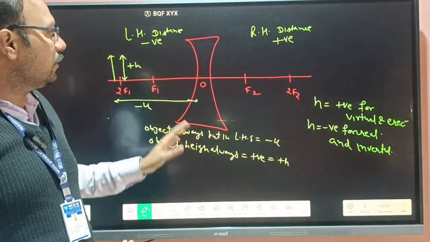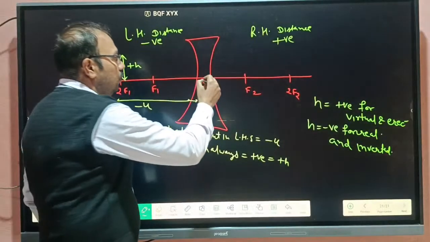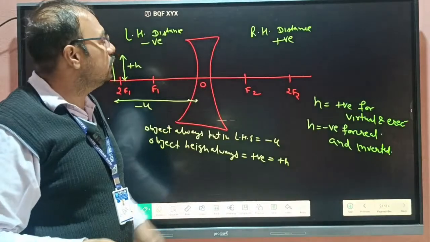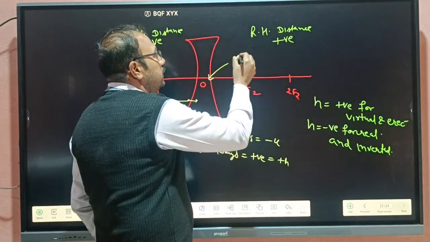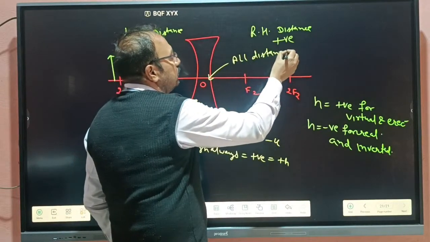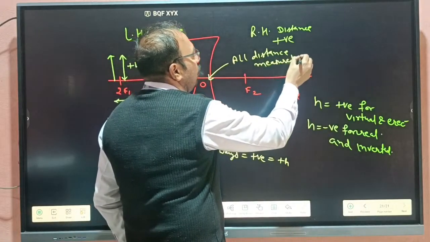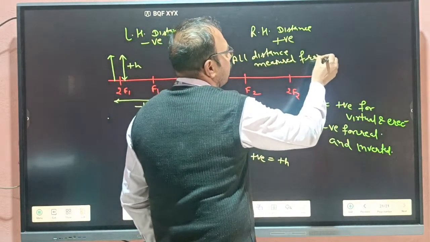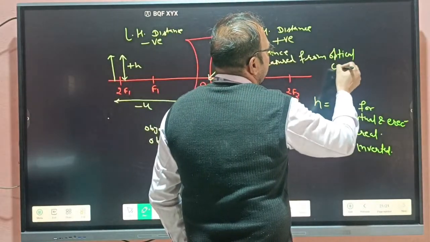So these are the sign conventions, and all distances are measured from the optical center.